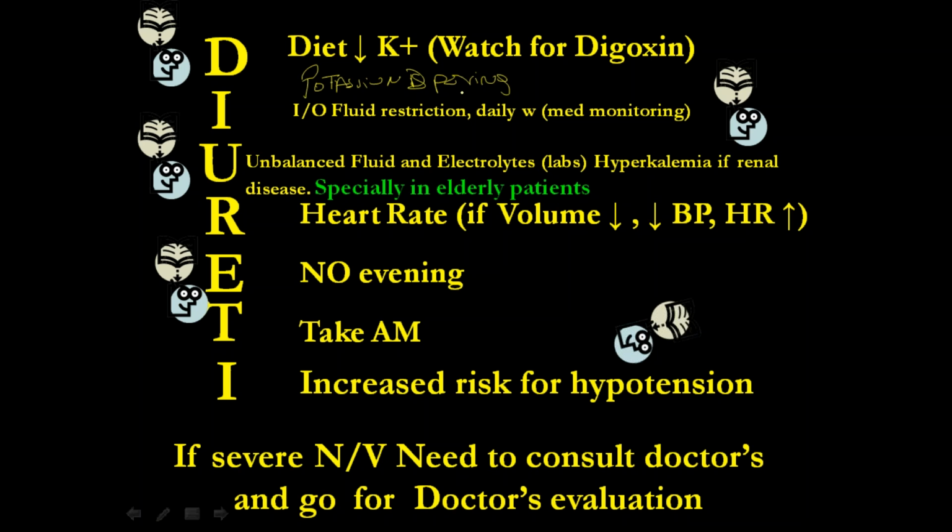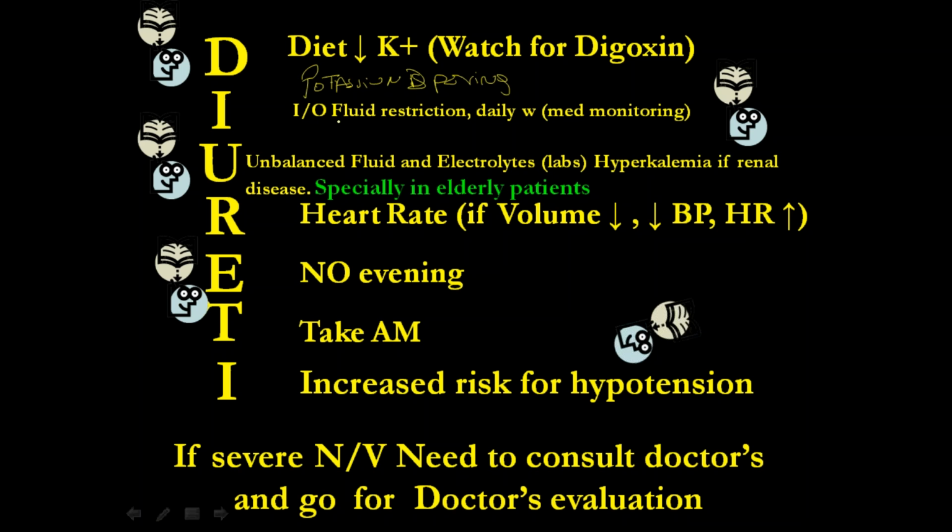So you need to be careful with the levels of potassium. But when you are taking thiazides, loops, or osmotics, you need some potassium supplements. Always watch for the digoxin.